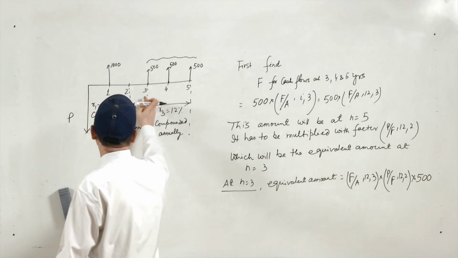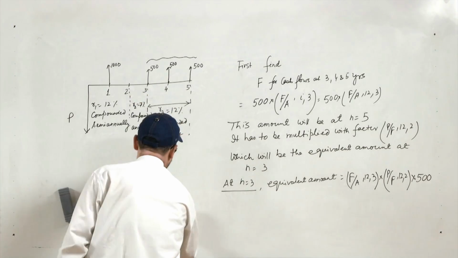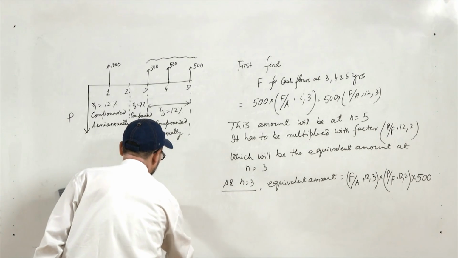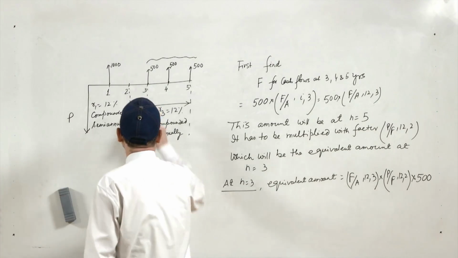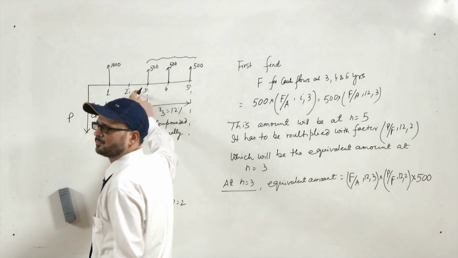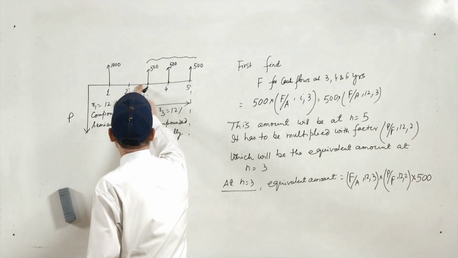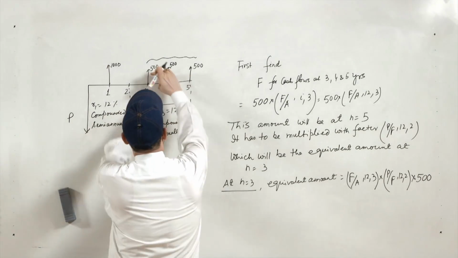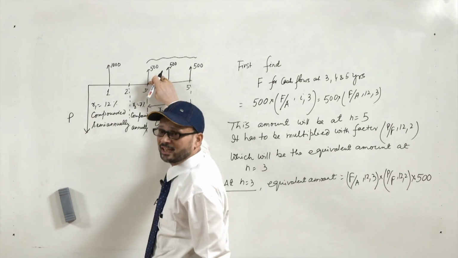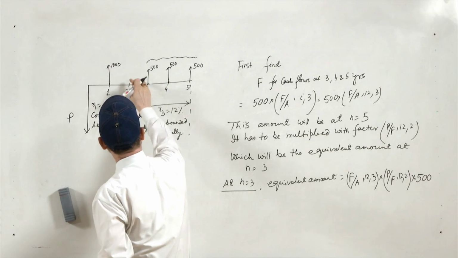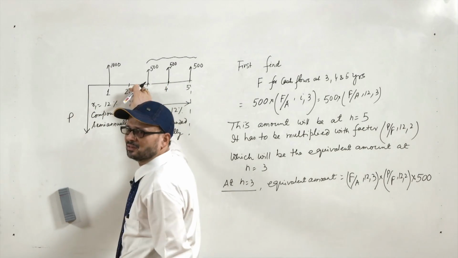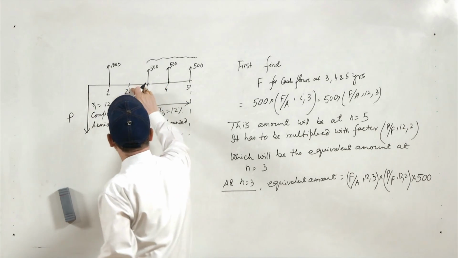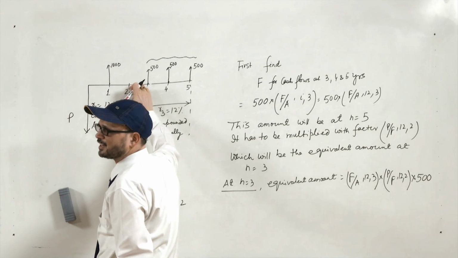So, it has further to be multiplied with a factor P by F i,1. Once you have got the equivalent amount at n equal to 3, you will again multiply with P by F i,1, which will give you the equivalent amount at n equal to 2.